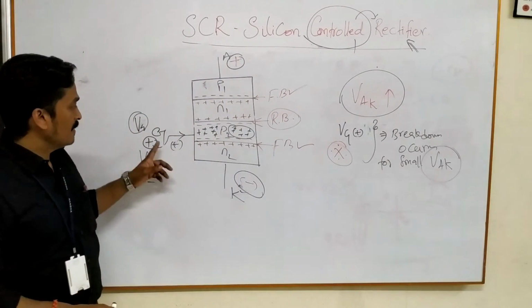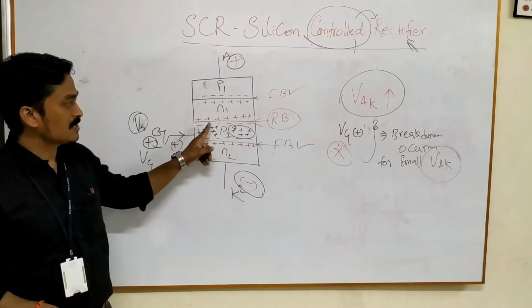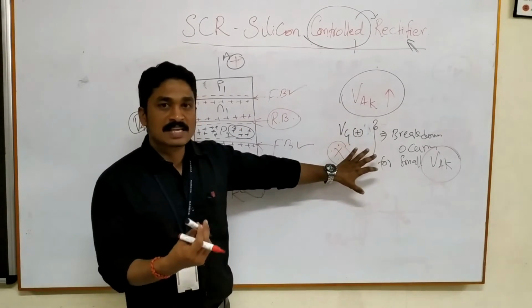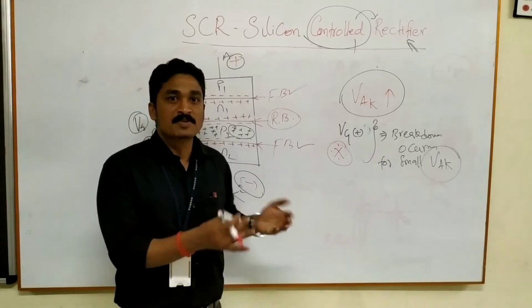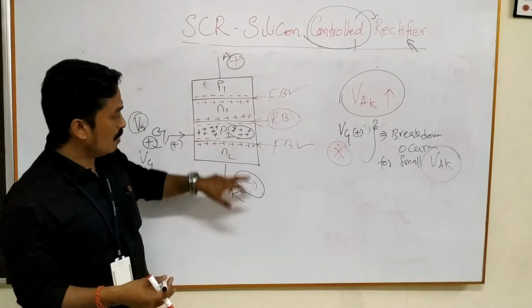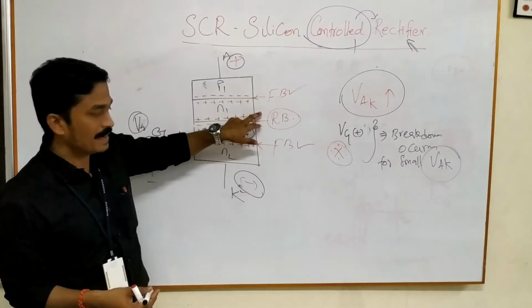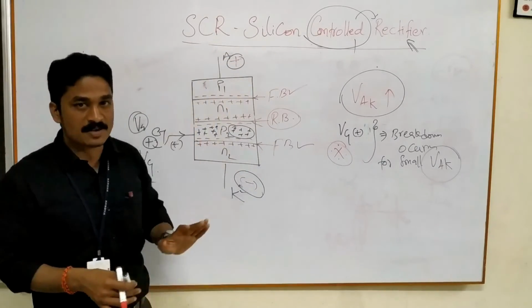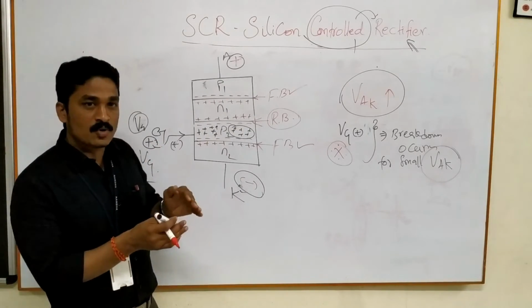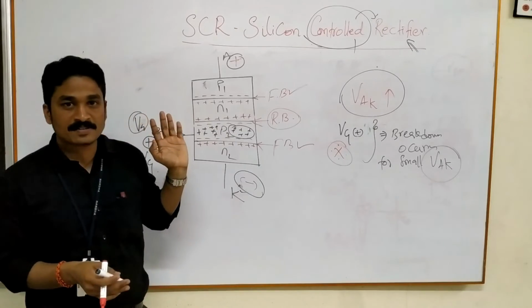When we apply a gate voltage, the reverse breakdown occurs quickly, so the SCR is very safe and we can use it for the operation. But without gate voltage, if we apply a large biasing voltage plus minus this side to break this junction, this will damage the diode. So this controlling terminal, the gate, controls the breaking of the depletion region.